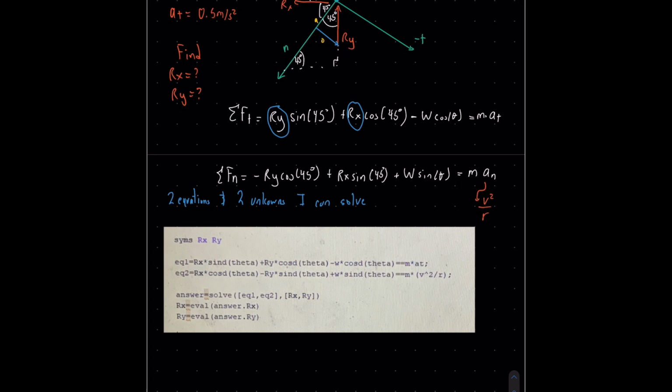And the answer to that is going to be that the reaction in the x is equal to 207.43 newtons, and the reaction in the y is equal to 570.59 newtons. And these are our answers.